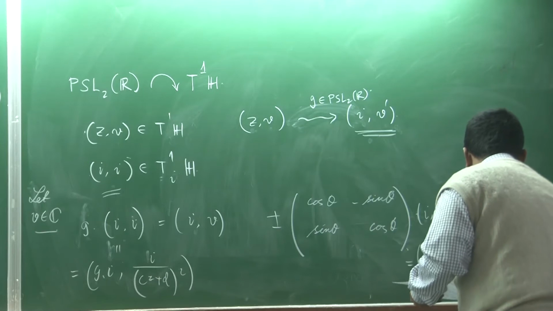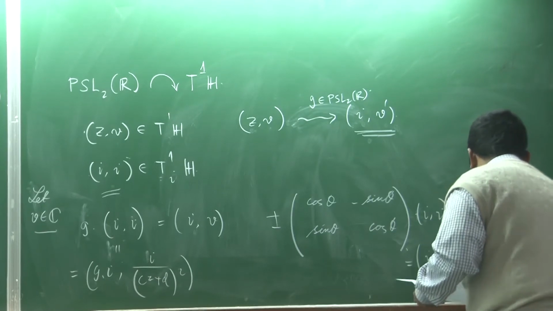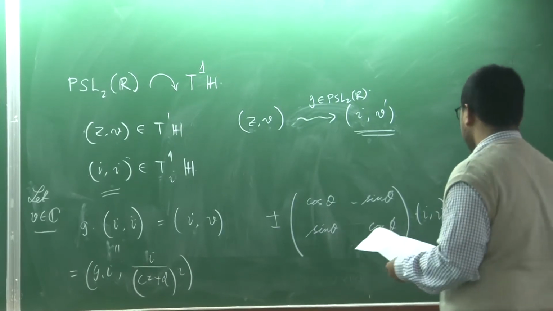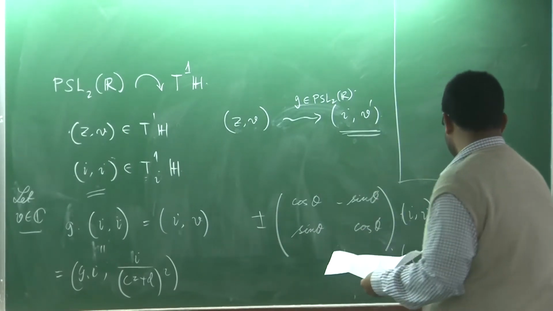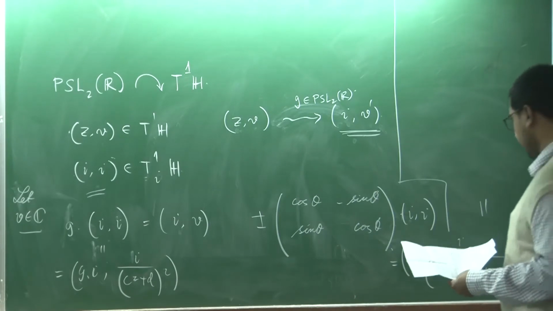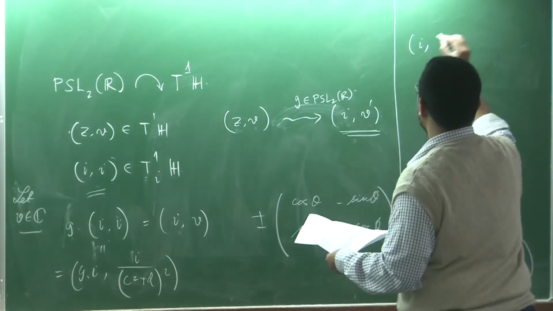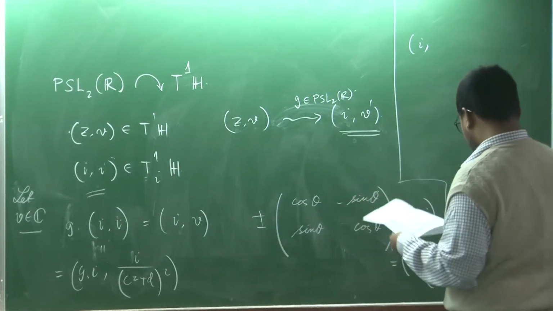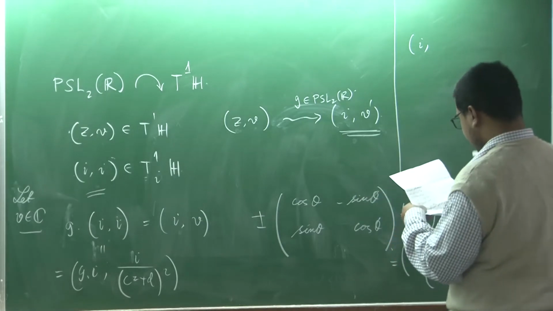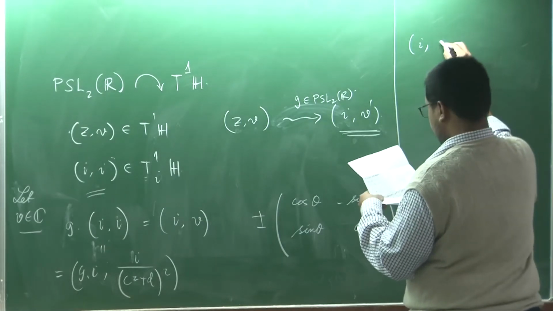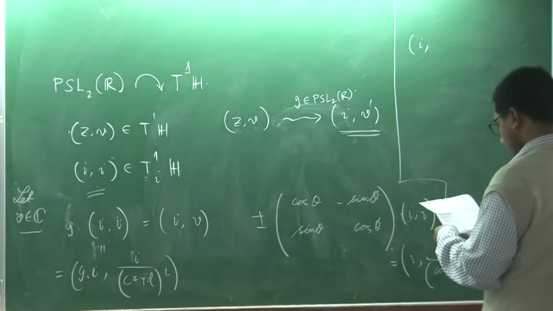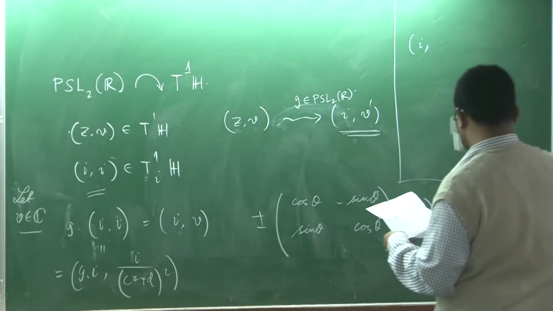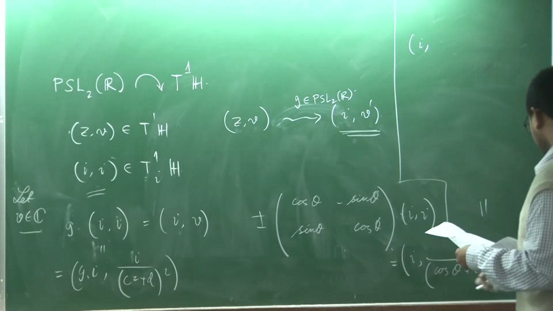Then we can push this into the numerator, and we see that cos theta minus i sin theta is going to be its conjugate.